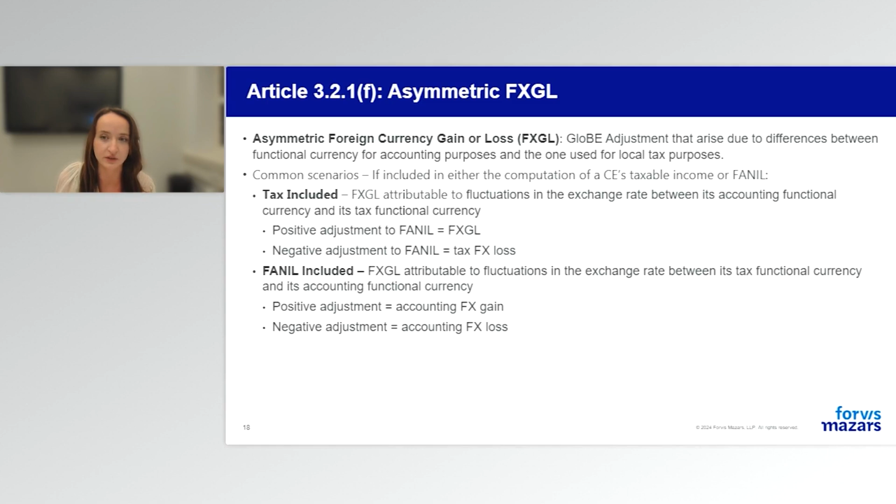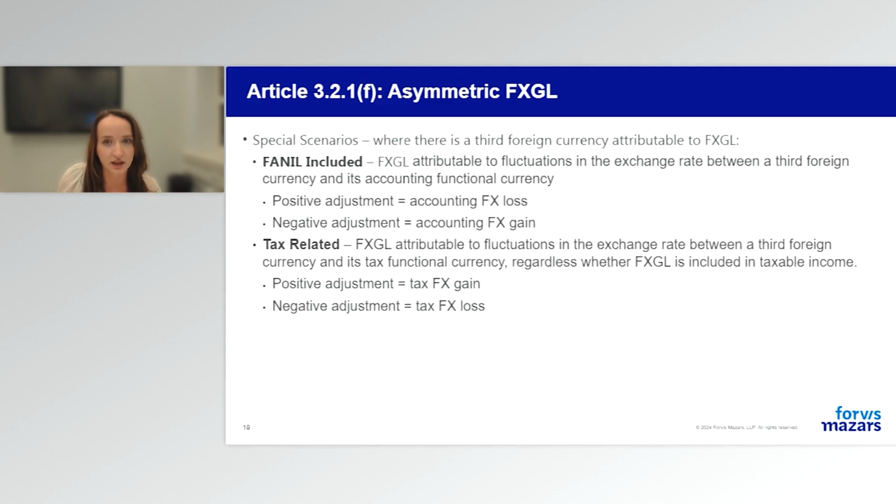This is the case if an FX result is reflected when determining the profit and loss in the financial statements, and those results are related to fluctuations between the rates of the tax and accounting currencies. On the next slide, we have included some special scenarios, as in some cases there's a third foreign currency next to the accounting and tax currencies. And the third situation is FX gains and losses which arise due to different accounting and a third foreign currency.